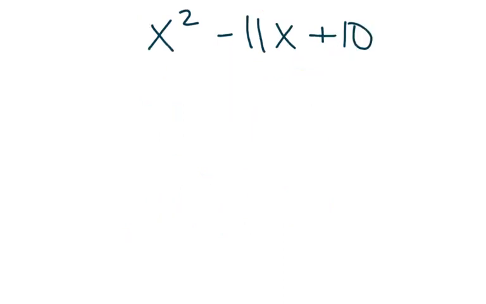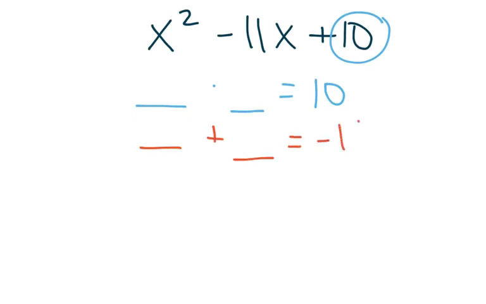Alright, so next, same thing. We need to find two numbers that multiply to give us the last number, 10. And then we need to find two numbers that add to give us the middle number, negative 11. So if you think about that, the two numbers have to both be negative because they have to multiply to give you a positive, and they have to add to give you negative.